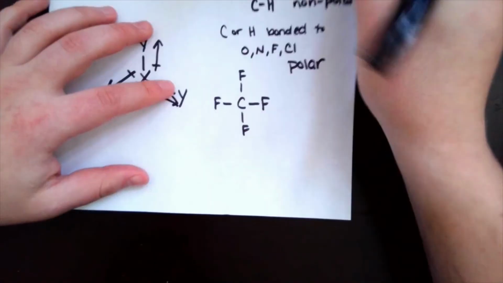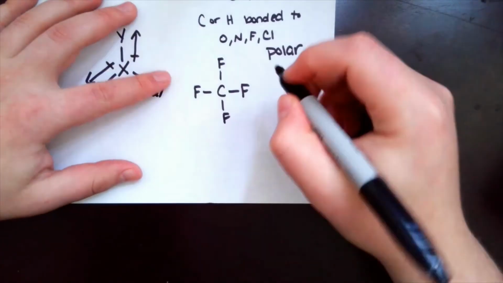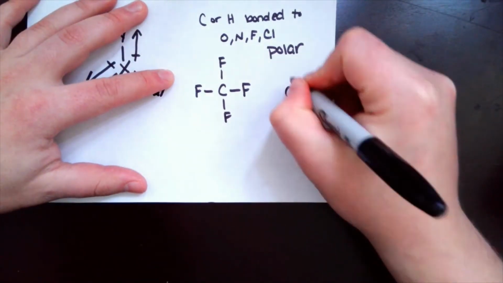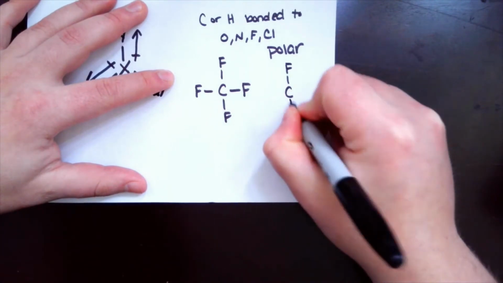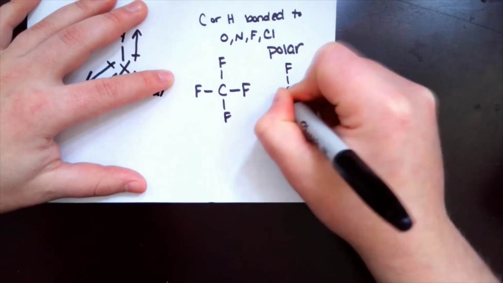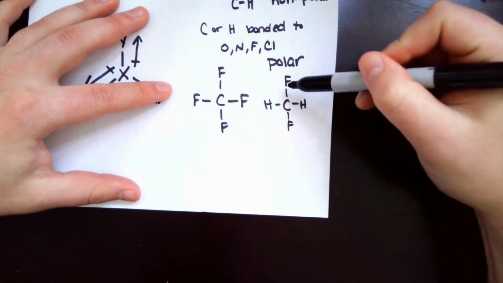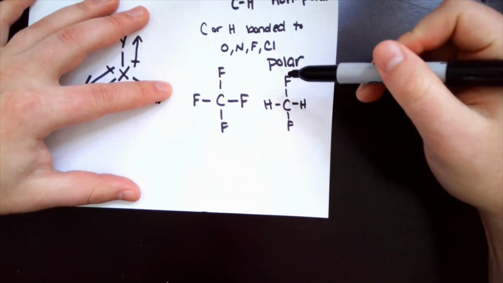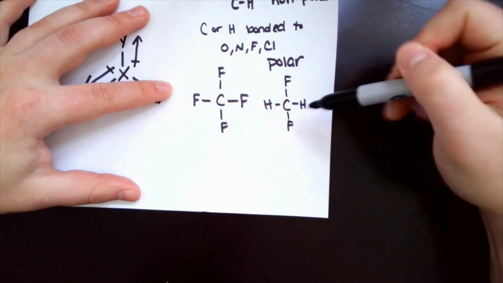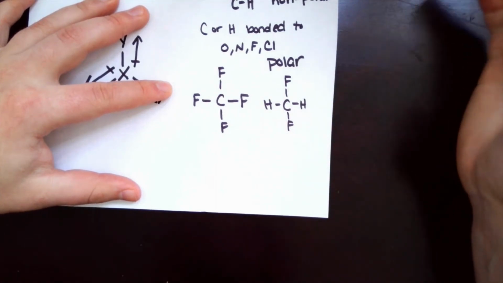Now, be careful. If I say we have C, F, and then H is right here, it looks like that should cancel out. It looks like these fluorines are exactly opposite of each other, so they should cancel out. And the carbon-hydrogen bonds are nonpolar, so that doesn't matter anyway.